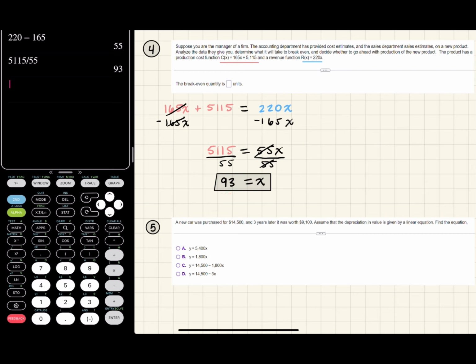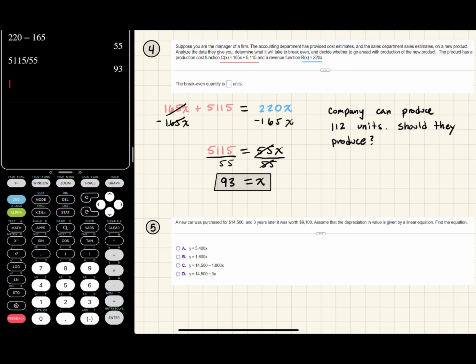So a follow-up question may be something like, if the company can produce 112 units, should they go ahead with production? So should they produce this item?